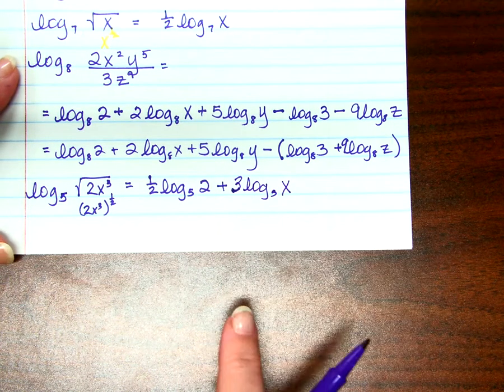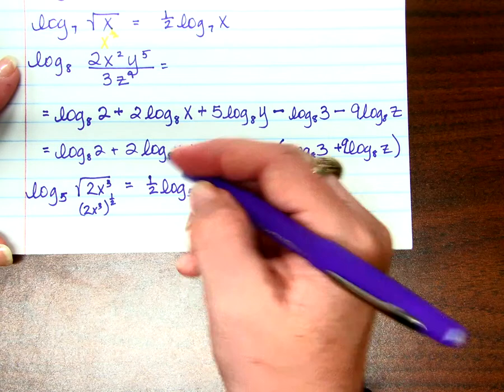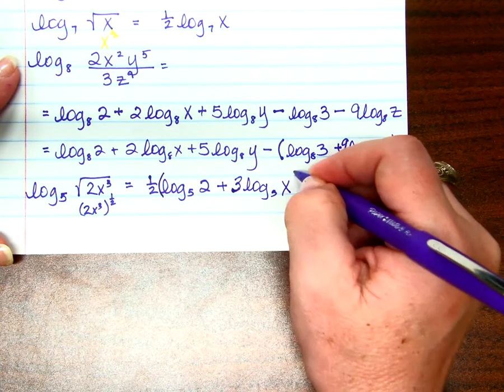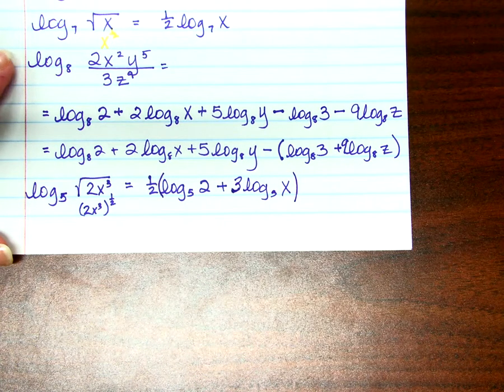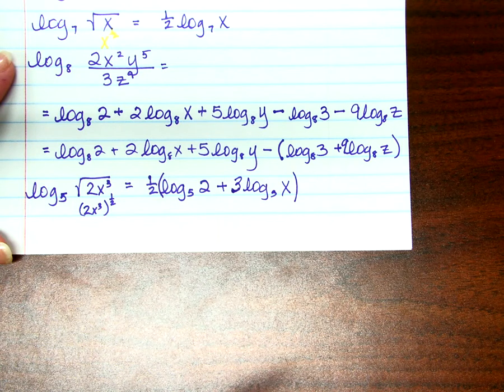This is almost right. What's being raised to the 1/2 power? The whole thing. So the whole thing is being raised to the 1/2 power. That's kind of tricky, wasn't it? Was it hard? No. We just think about it step by step and it's fine, right?